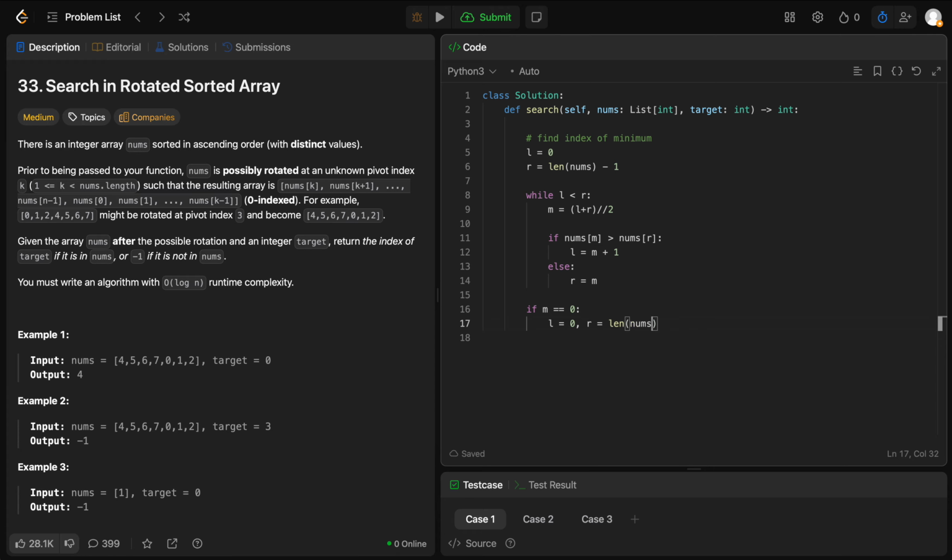Let's put m is equal 0 just in case. And third else, so nums of 0 is, well, other way, if target is greater than or equal to nums of 0.